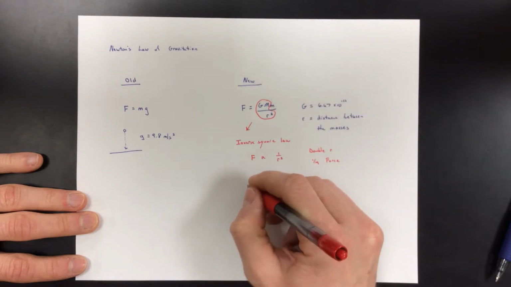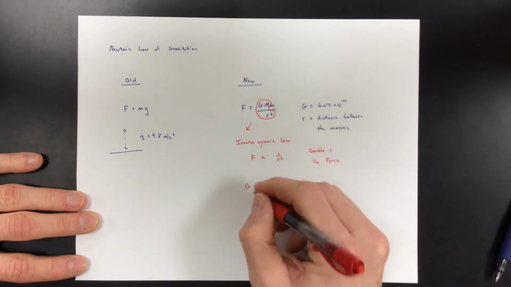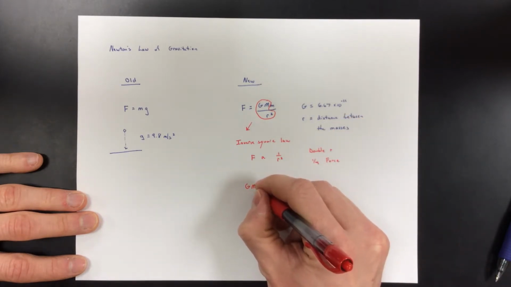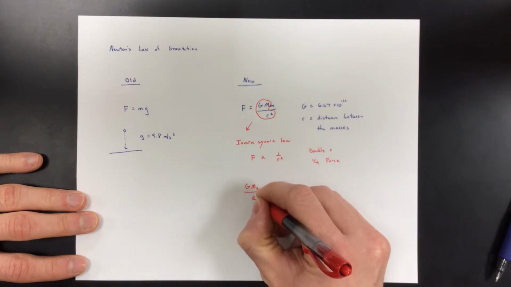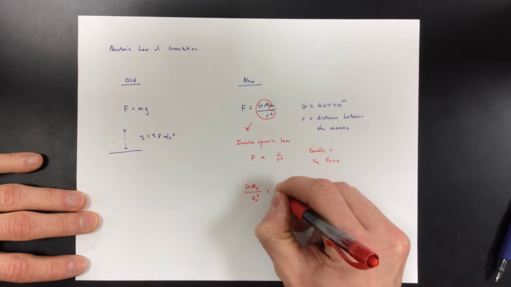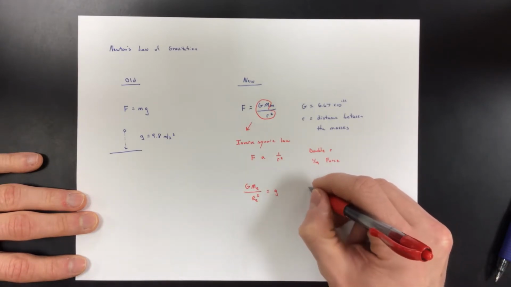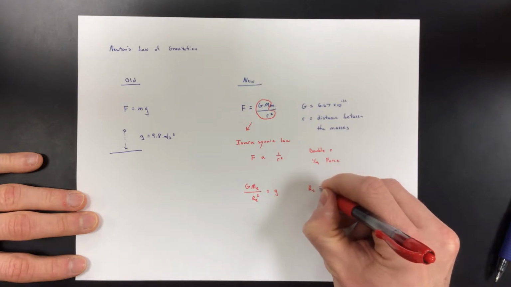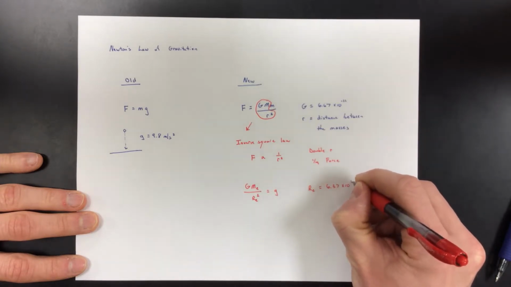And so if you plug in capital G, which is 6.67 times 10 to the negative 11, and you plug in the mass of the Earth and the radius of the Earth, this will be pretty much little g. And let's look at the radius of the Earth, which is something like 6.37 times 10 to the 6th meters, right?